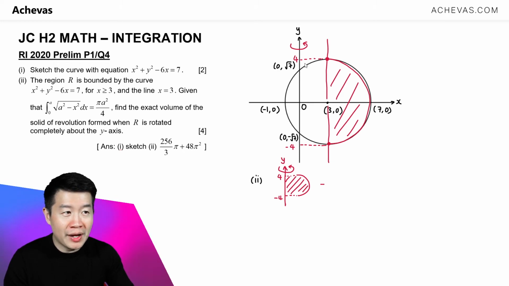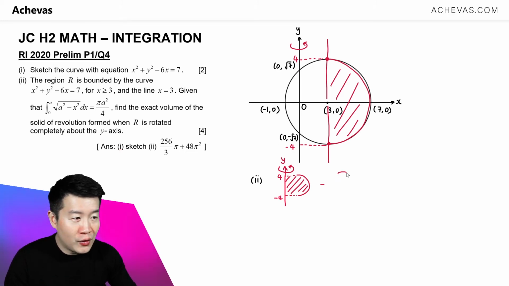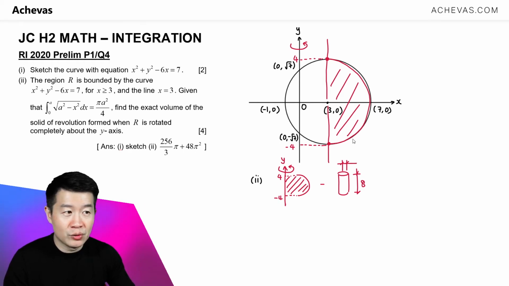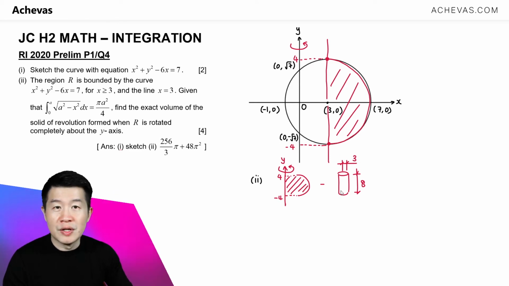So I'm going to subtract away this region, revolving about the y-axis, giving me a cylinder. For this cylinder, the height is from minus 4 to 4, so the height is 8, and the radius is 0 to 3, so the radius is 3.